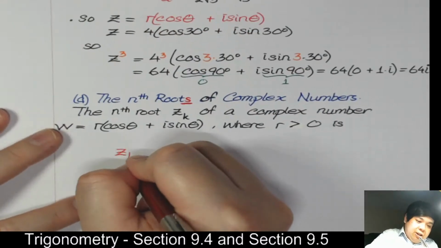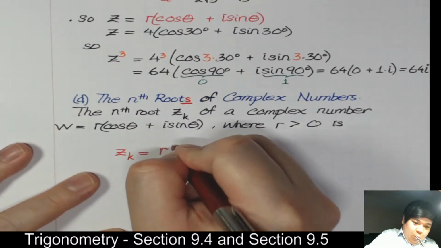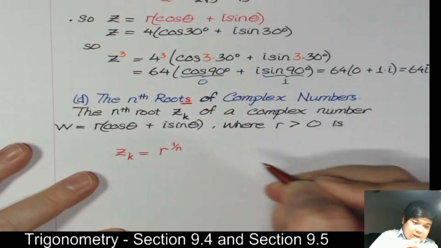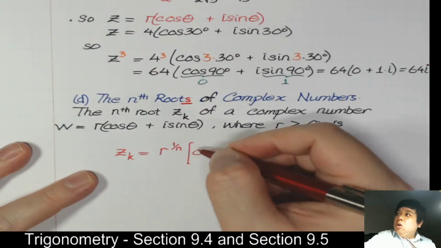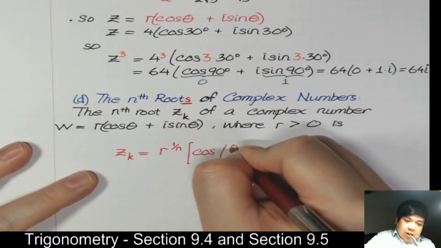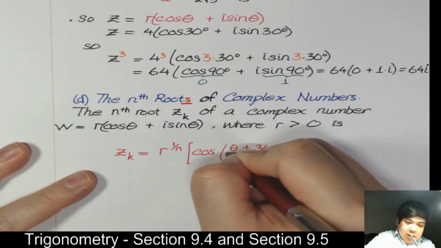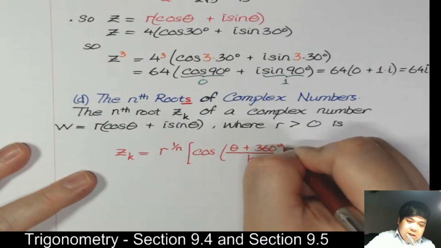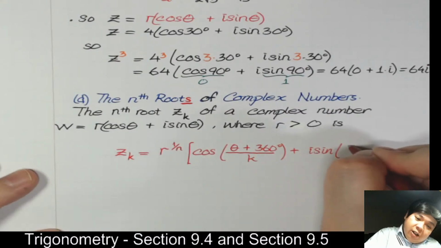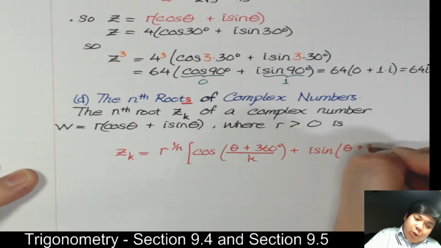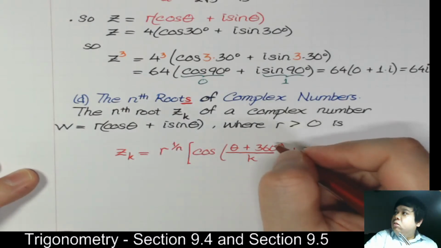Z sub k equal to r to 1 over n, cosine of theta plus 360 degrees times k divided by n, plus i sine of theta plus 360 degrees times k divided by n.